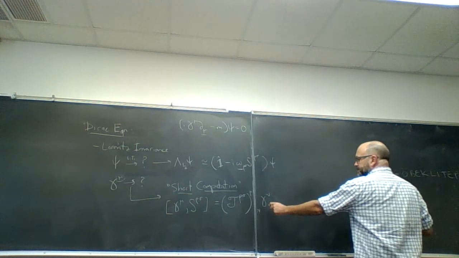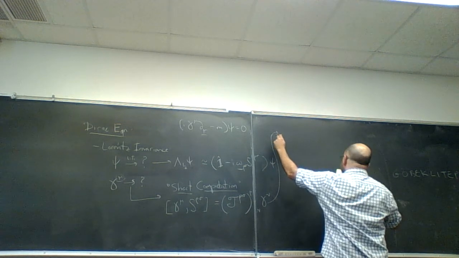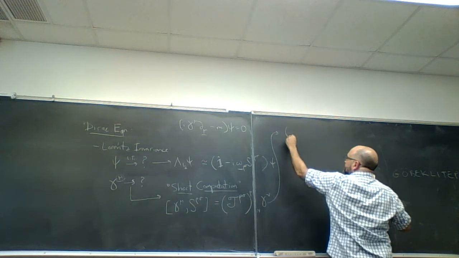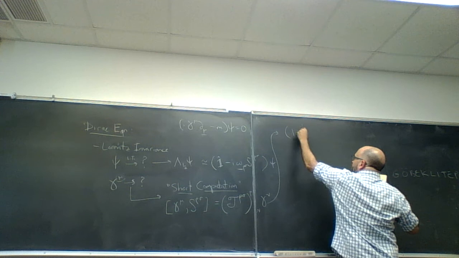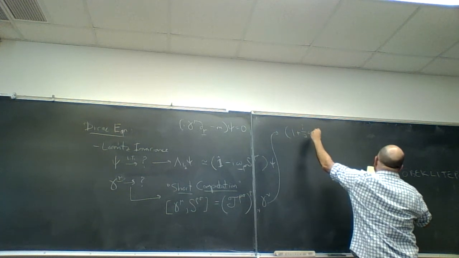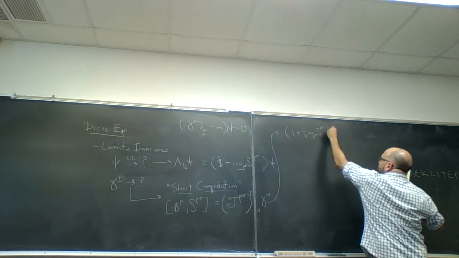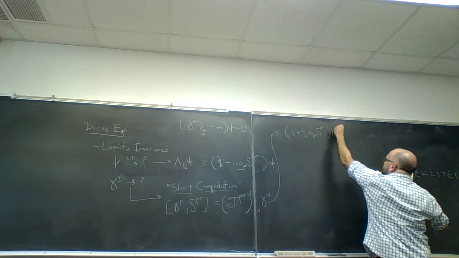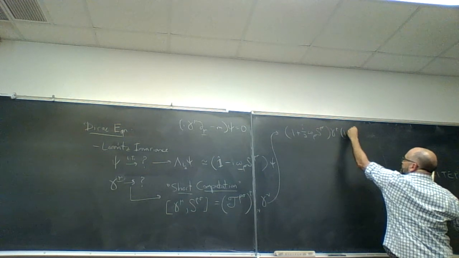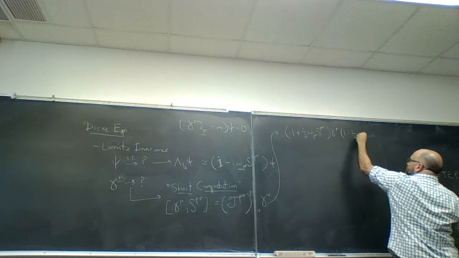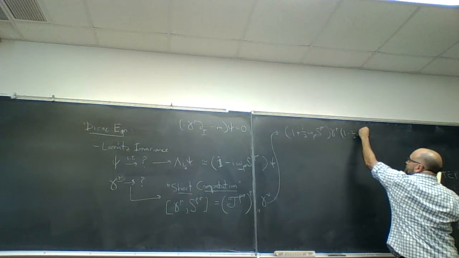And I could show that this implies that I can have 1 plus i over 2 omega rho sigma S rho sigma times gamma mu, and then 1 minus i over 2 omega rho sigma.